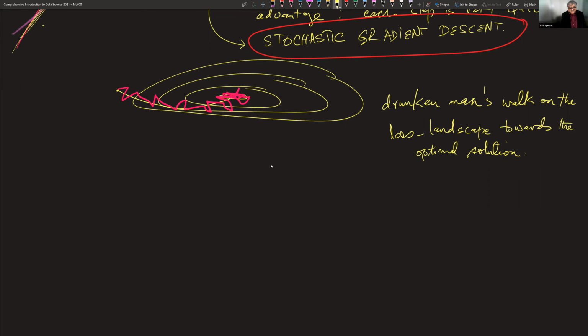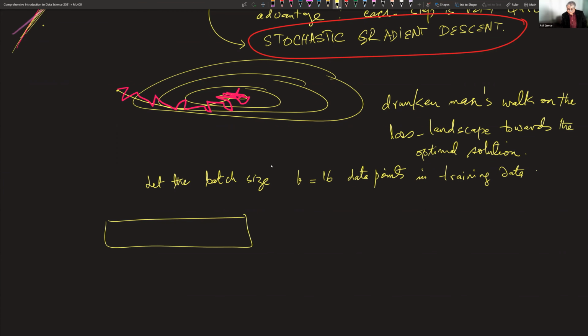So what you do is you take a batch size. Let the batch size be, let us say, 16 data points in the training data. So how many batches can you make? You take this entire size n and you break it up into little slices. Each of these slices is called a mini batch.